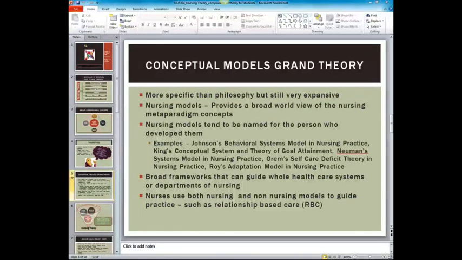But for this discussion, the models that we definitely will be talking about in this course are Johnson's behavioral systems model, which is pretty expansive.